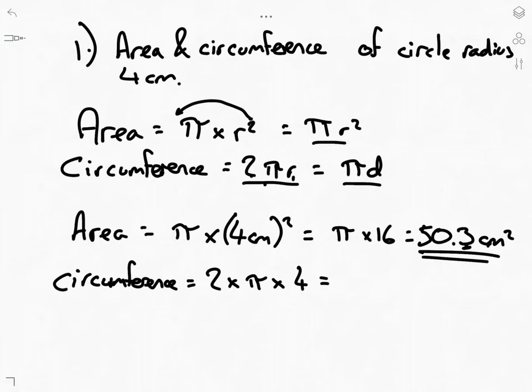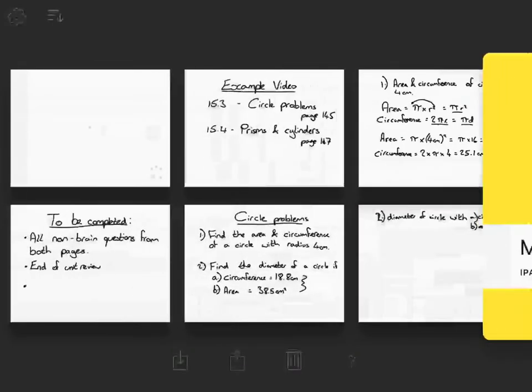So 2 times 4 is going to be 8, and then times pi. We get 25.13 and so on. So I'm just going to round to 25.1 centimeters. So this topic's really quite simple. It's just finding which bits you need to use and putting them in your calculator. So shouldn't be too hard.